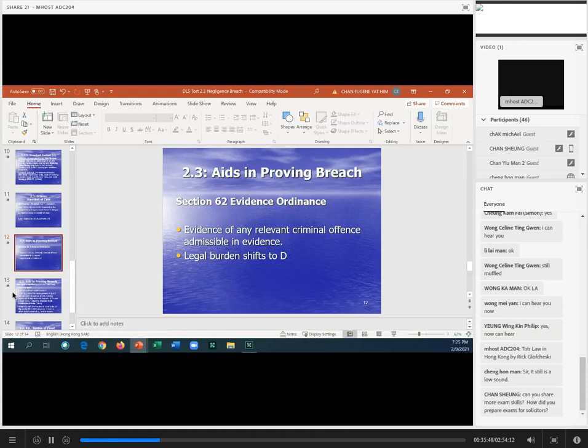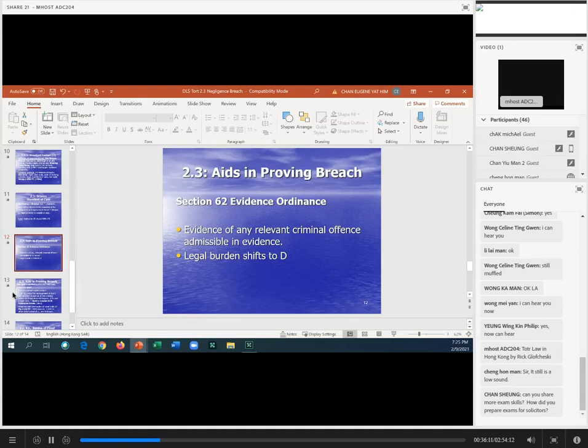So that's section 62 Evidence Ordinance, everybody. Must know, must know. So if you want to know about examination skills, must know section 62 Evidence Ordinance. And I challenge you, everybody, go and look it up. It's not difficult. I've actually got it on my smartphone right now. I'm reading from it.